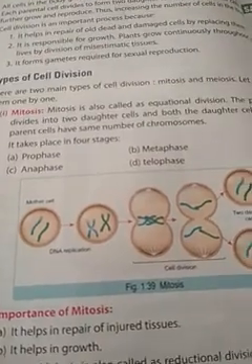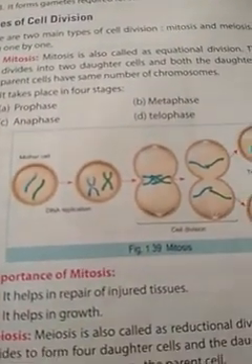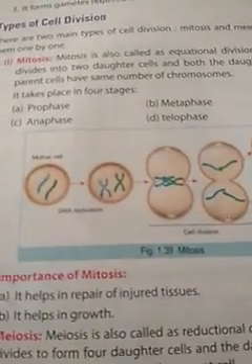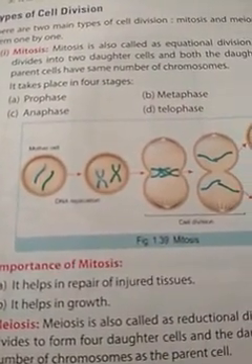Before that, my dear students, come to this topic, cell division. While revising this whole chapter, this is again very important. Cell division is of two types, mitosis and meiosis.